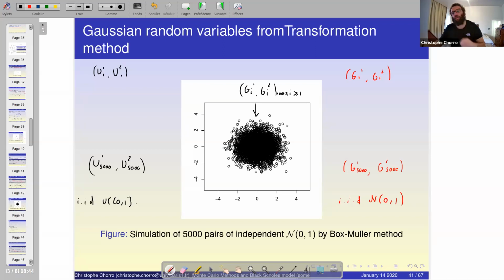You see a kind of circle, coming from the fact that I have two independent centered Gaussian random variables with a variance-covariance matrix that is just the identity.